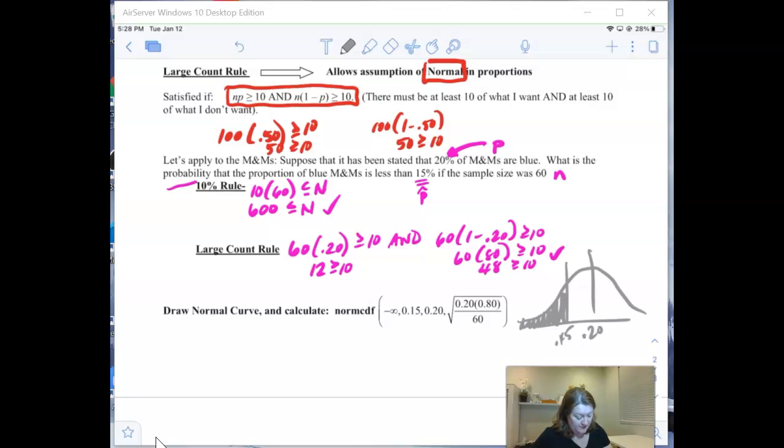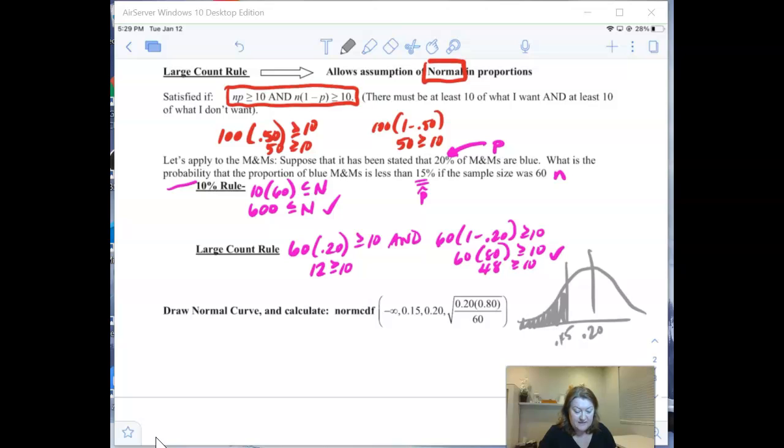Okay, so here is our standard deviation formula. Our standard deviation formula was the square root of p times 1 minus p over n. I'm going to put that into my calculator exactly how it's written here, norm CDF, and I'm going to actually put in the entire formula because I never calculated it before. So you can calculate it ahead of time, just write out enough decimals that you feel comfortable.